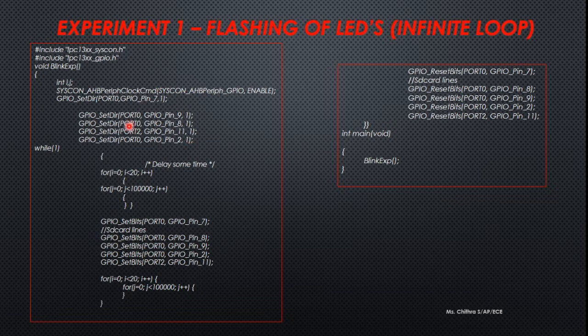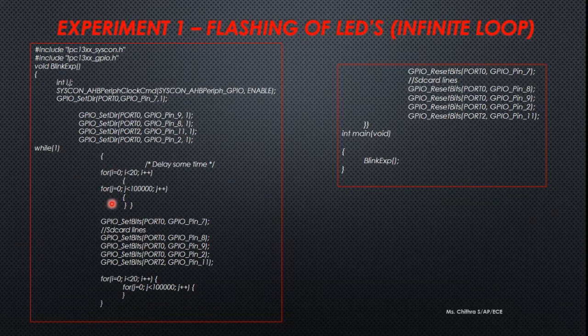So we are configuring the pins as output by denoting the number 1. If you want to connect devices like a keyboard, I'll write 0, which means those pins will be configured as input pins. So the first step is setting the direction of the pins to be either output or input.